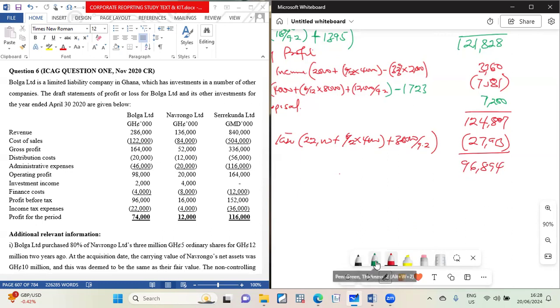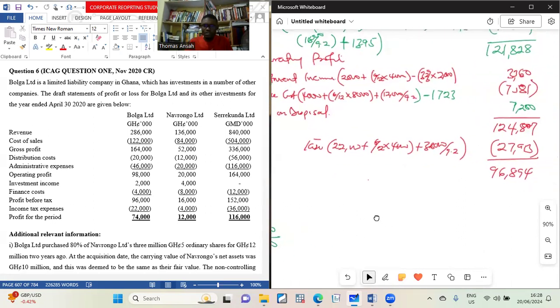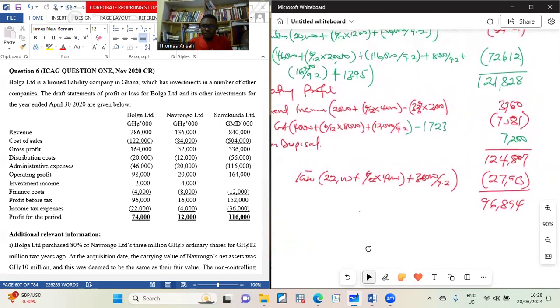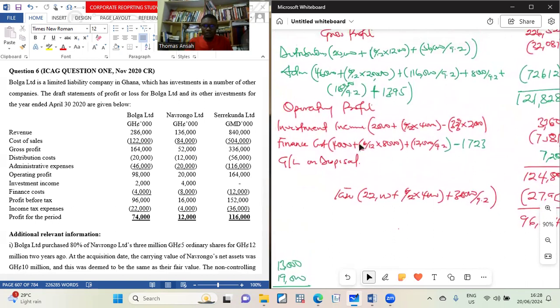So the only thing that probably we might have forgotten in here, which I wouldn't want to go back and change the figure, is that when the guy became an associate, we should share the profit of the associate into the consol. The dividend is taken out, but the share of profit, I think I skipped that. So anytime that somebody becomes an associate, you have to. So what I'm going to do here is try to bring that one inside here. Okay, that is possible.